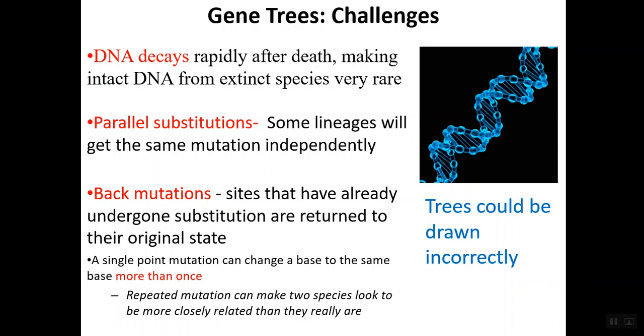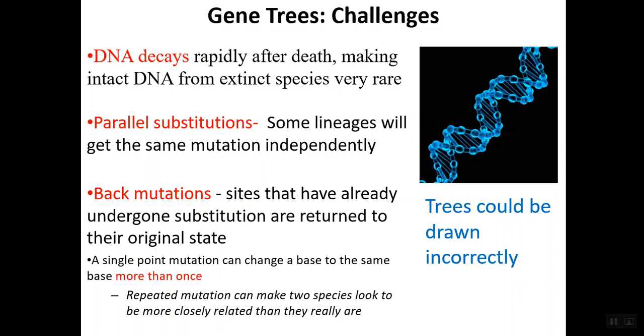So you have to keep in mind all these challenges, all these problems. And scientists in this field, of course, do keep these things in mind. The best thing to do here is always to compare more than one gene, many genes together, in order to understand how closely related groups are.